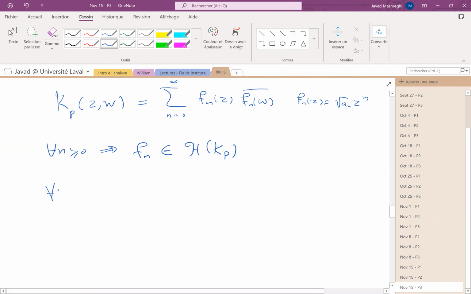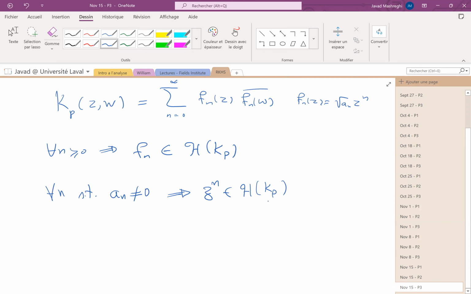So for any n such that an is not equal to 0, we conclude that fn is in H of Kp, not for the other values.